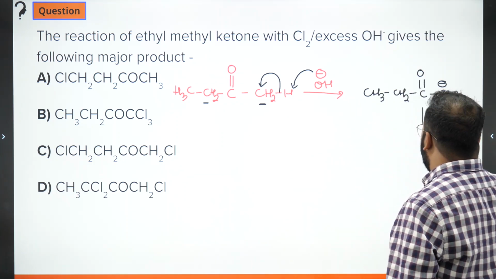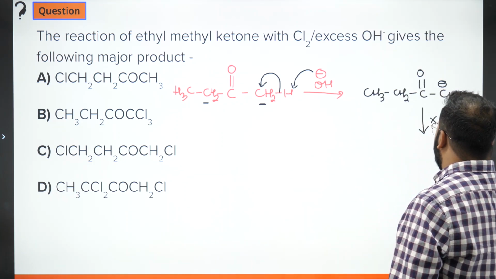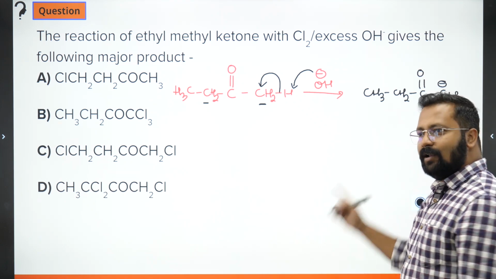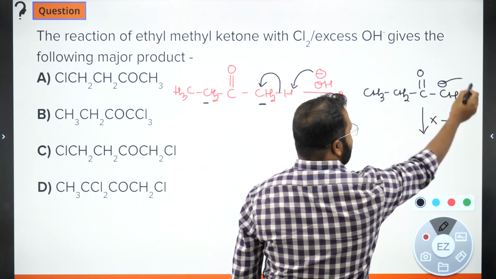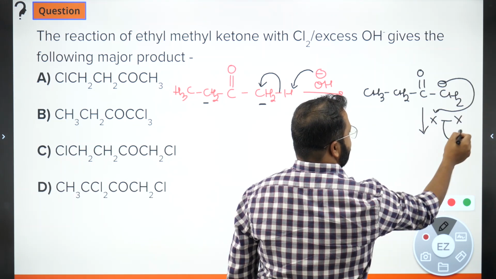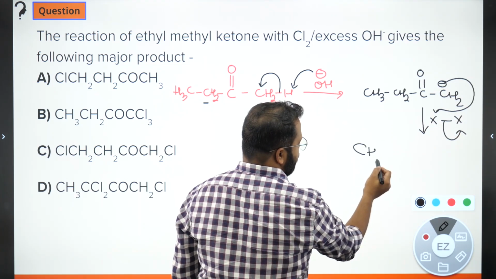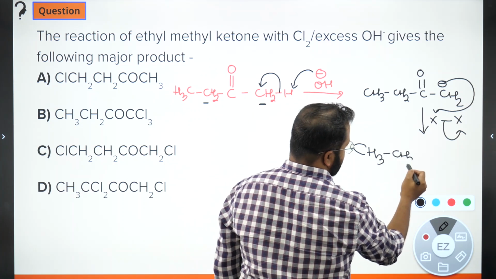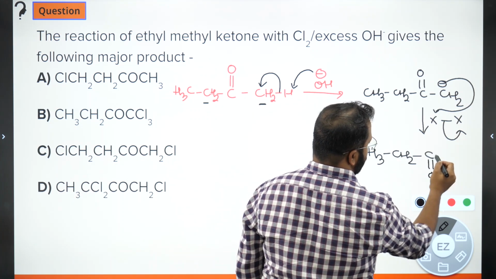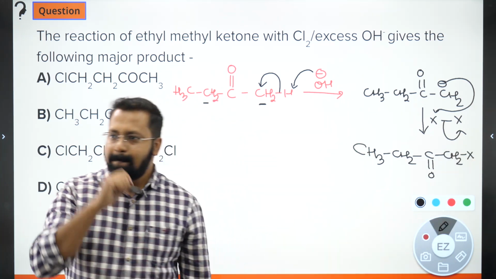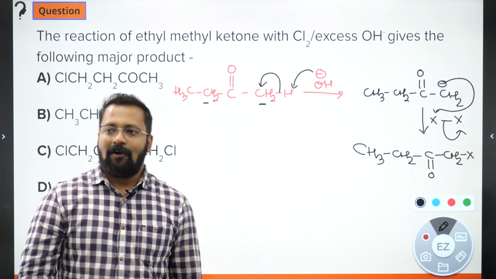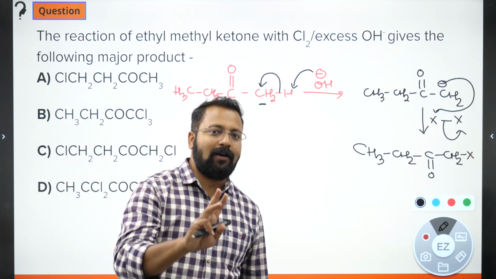So अब क्या होगा? This will react with a molecule of halogen. Let's say I've written this as X and X. I would get CH3, CH2, C double bond O, CH2, X. ये step और दो बार repeat होगा.